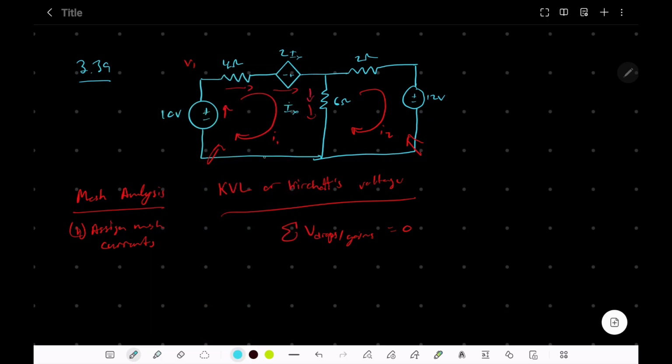So going around this loop over here, we can start at 10 volt rise across this, and of course it's going to be a voltage drop across the resistor if the side where the current enters the resistor is going to be higher in potential relative to the side where the current's exiting the resistor, because the resistor dissipates some of the energy, which decreases the voltage.